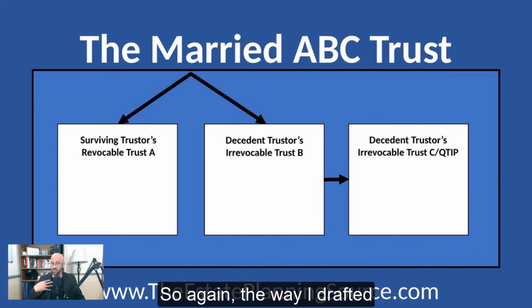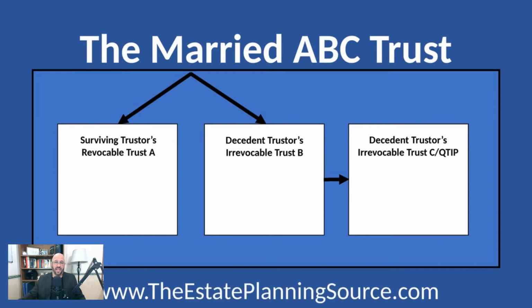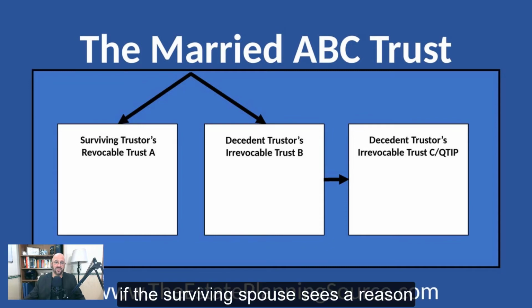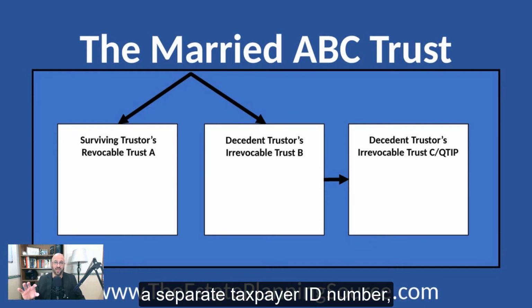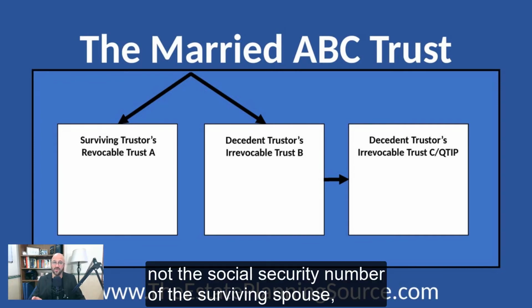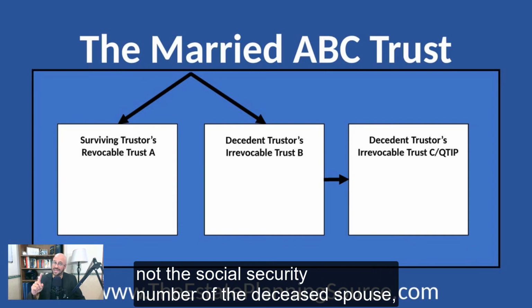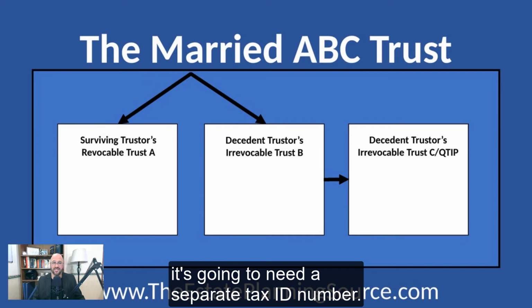So, again, the way I draft it, if the surviving spouse sees a reason to have things go over to the B trust, then that B trust is going to now need a separate taxpayer ID number. Not the Social Security number of the surviving spouse, not the Social Security number of the deceased spouse. It's going to need a separate tax ID number.